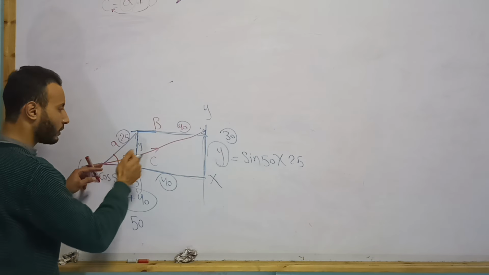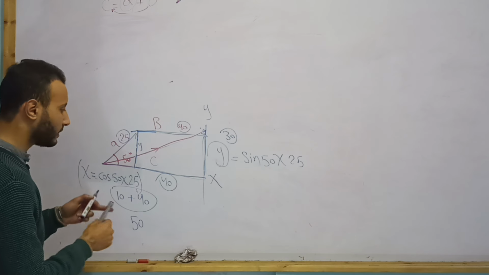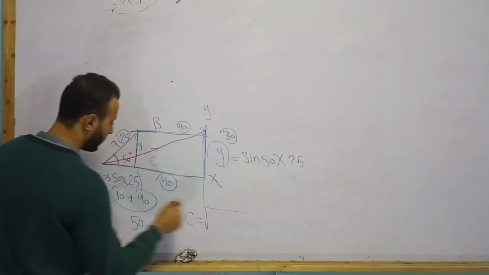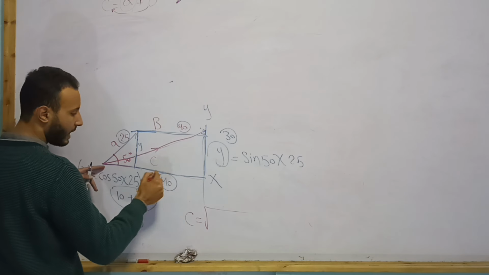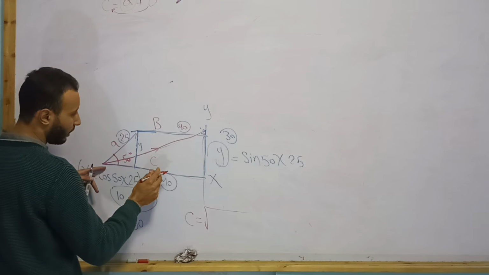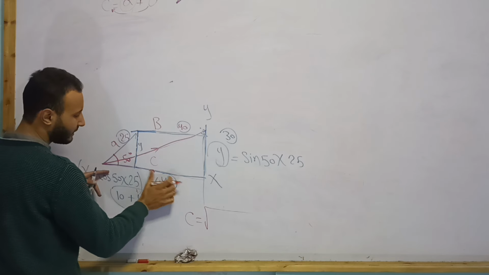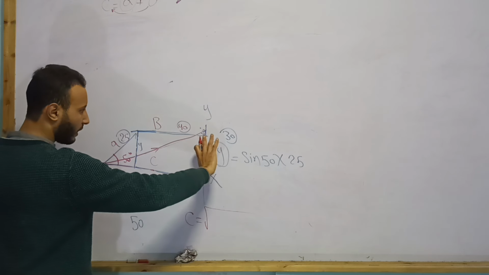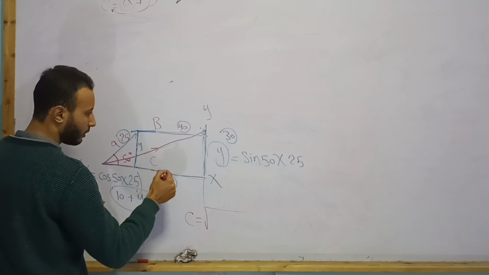Now you can get this part, which is the hypotenuse. How can we get it? You know the hypotenuse c is equal to root of x squared plus y squared, this part squared plus this part squared.